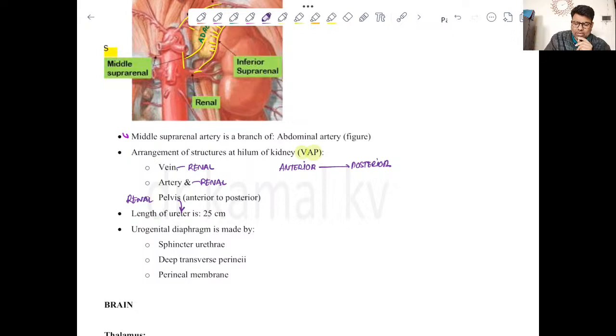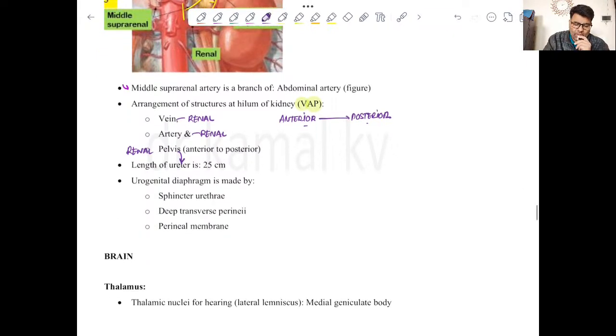Right? So anterior to posterior, if you can arrange these structures, you can say whether the given kidney is of right side or left side. So remember, VAP.